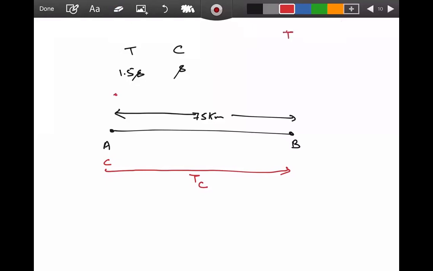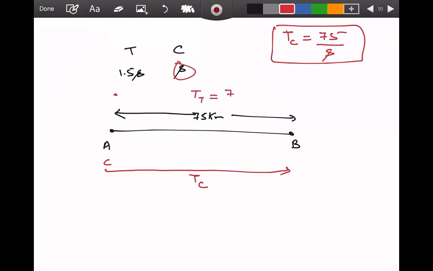So what will be the time taken by car? Distance upon speed of car, yes or no? Time taken by car to cover 75 kilometers at a speed of S. Distance upon speed, Priyanshi. Yes, sir. Can you tell me the time taken by the train?